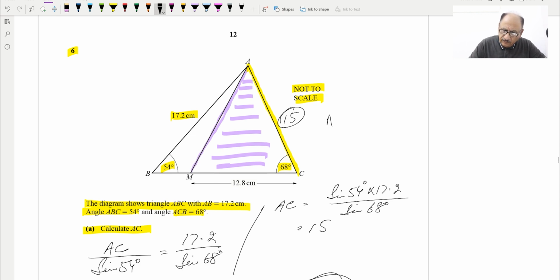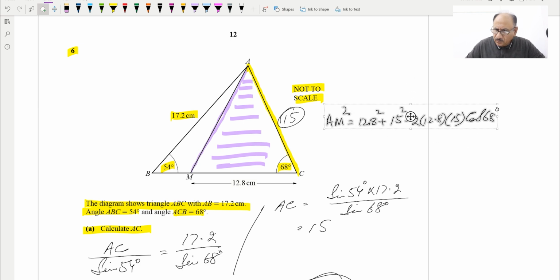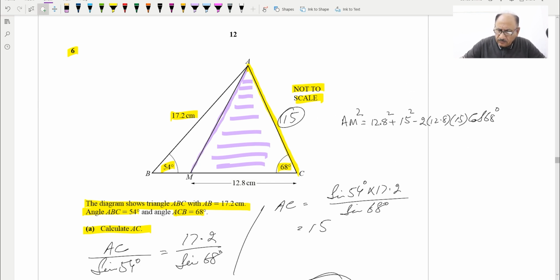and we can write AM square. I will write here AM square is equal to MC square, one side square which is 12.8 square, plus the other side which is 15 square, minus 2 into one side into the other side, and cos of angle which is 68 degrees in this case. And now we can shift this to the proper location. One second.